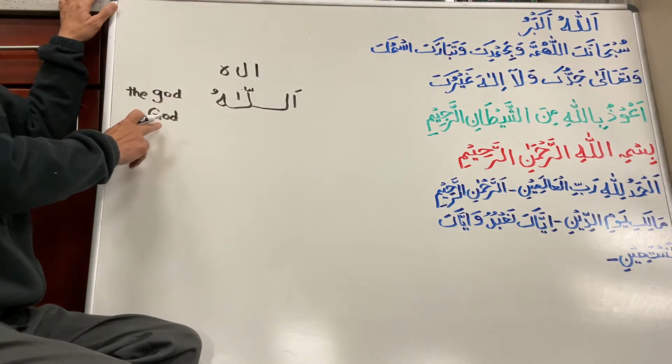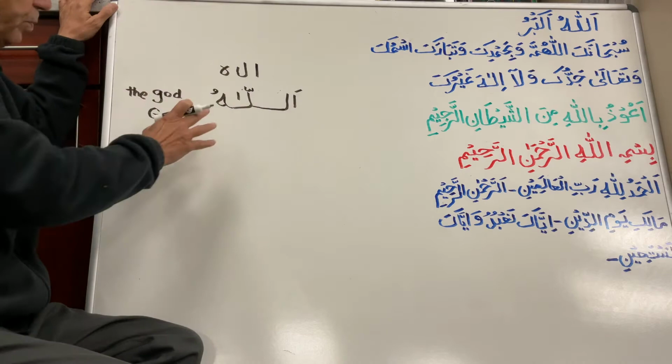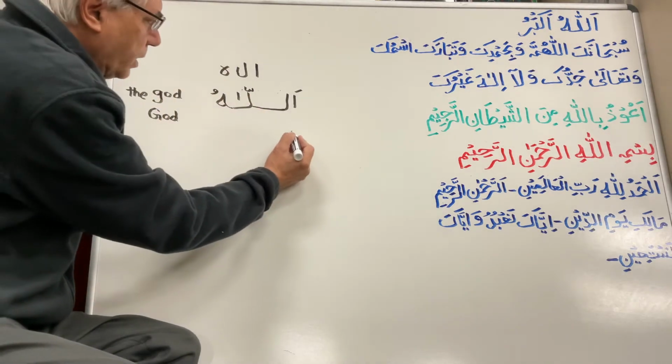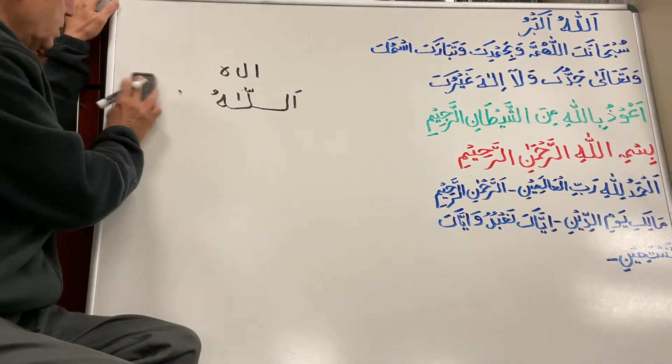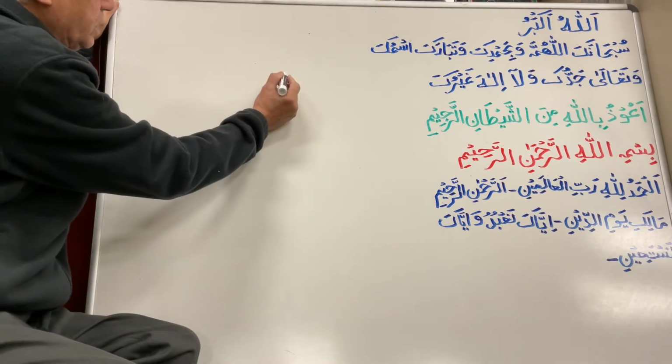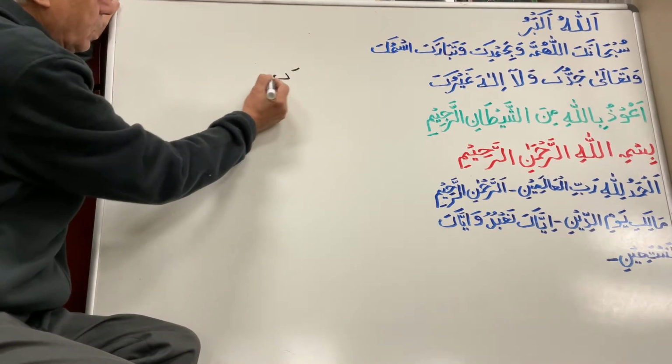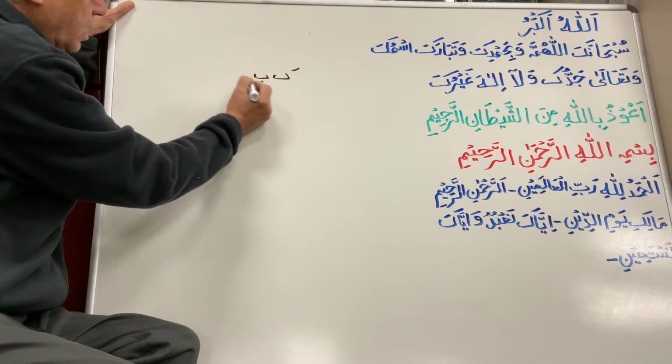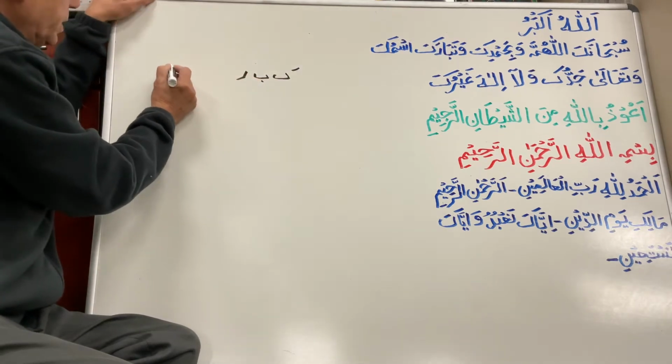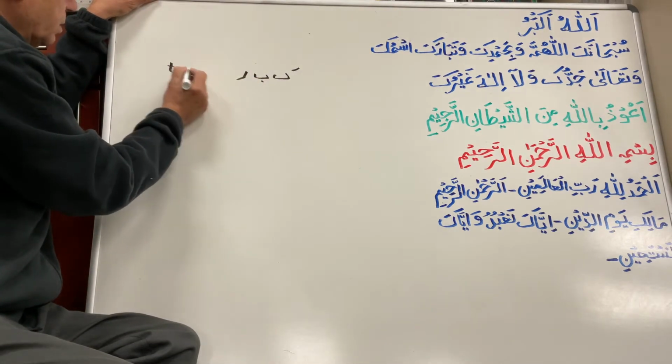Allahu means the ultimate God, the creator. So keep that word in mind. Second thing is that we have these three letters, kaf, ba and ra, kabara. This means to be big or to be great.